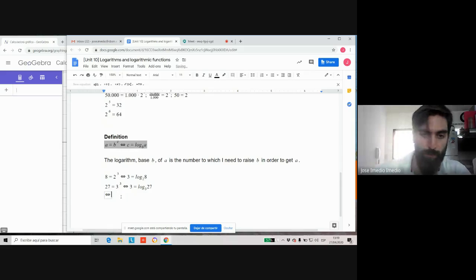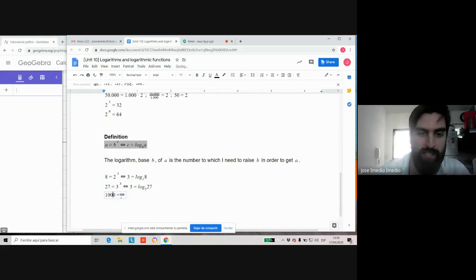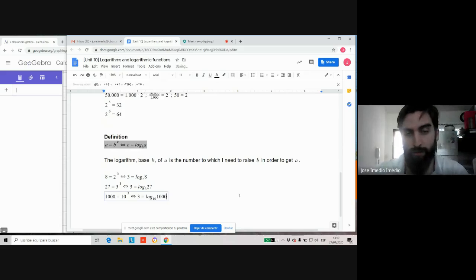Another example could be using powers of 10, which are also quite intuitive. So, for example, 1000. 1000 is the same as saying 10 raised to the third power, right? Which means that 3 is the logarithm base 10 of 1000.